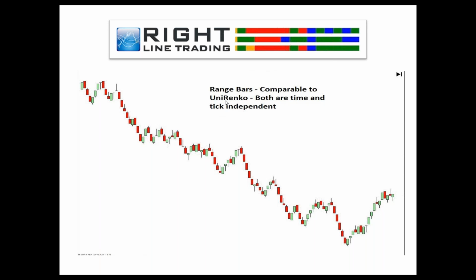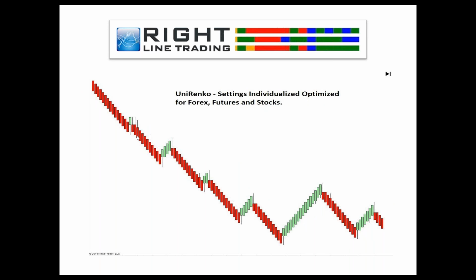Because the only thing that determines when a new candle is formed is how far the market moves, nothing else. Now, this is how price is described here, and here's how price is described here. It's the same price action you saw before, and this is how it's described in Uni-Renko.